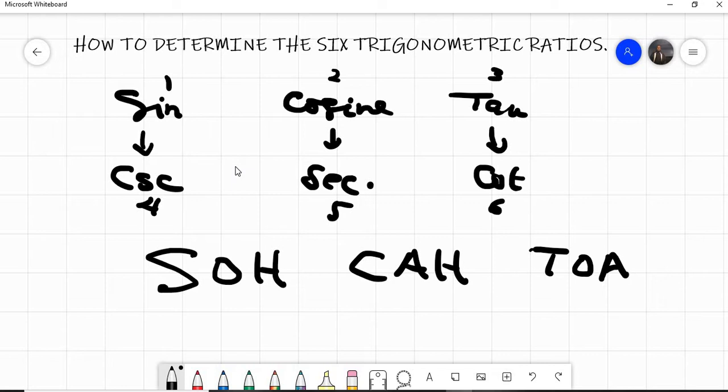Sine is opposite over hypotenuse, cosine equals adjacent over hypotenuse, and tangent is opposite over adjacent. So SOH CAH TOA is going to help us. It is a very good tool if you know this. Numbers 4, 5 and 6, cosec, sec and cot, are the reciprocals of these, so the work is very, very simple.